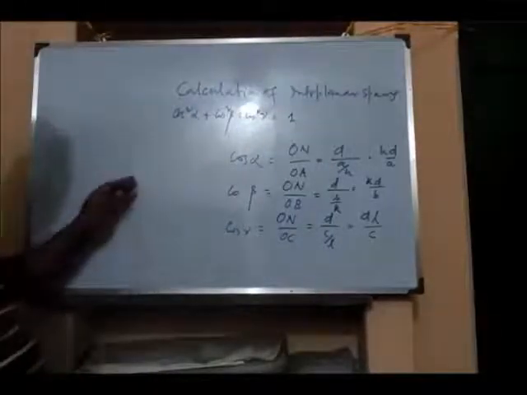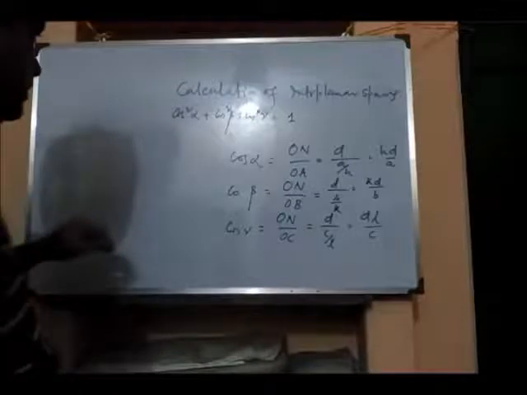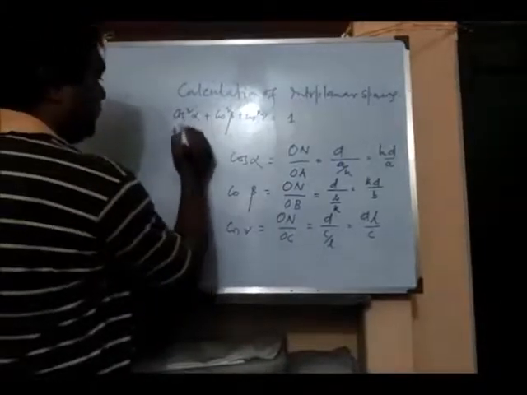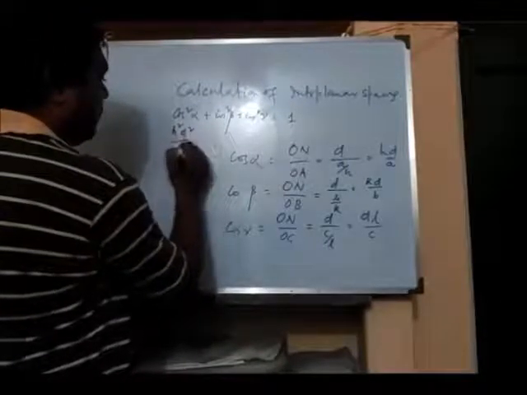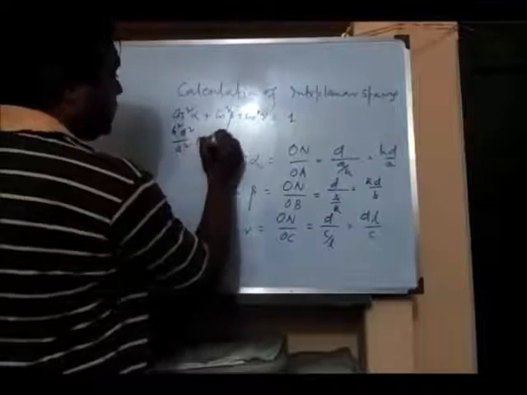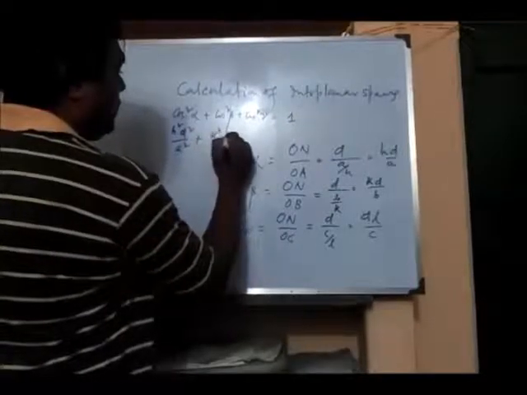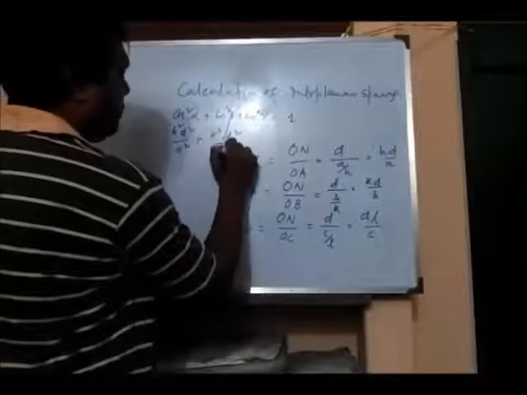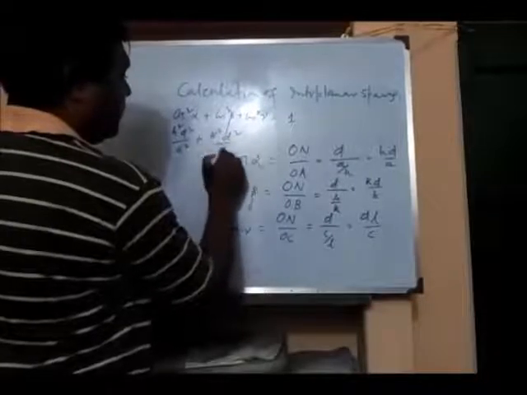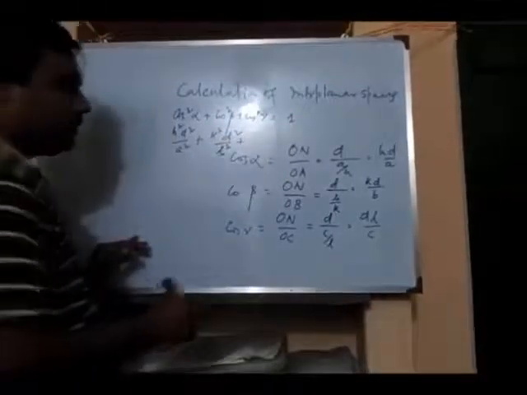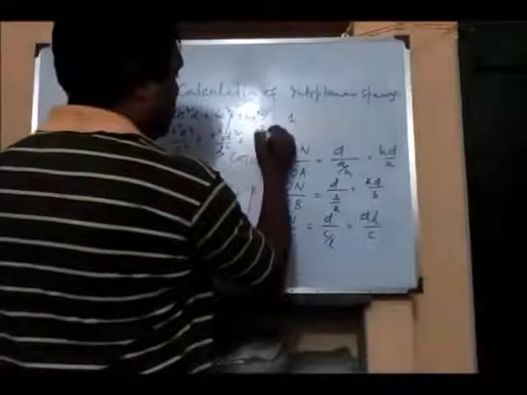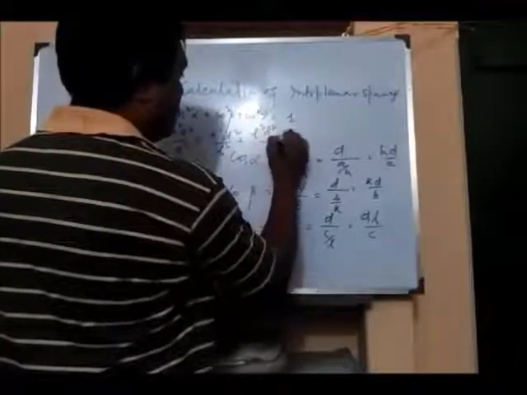So if you put that in, h square d square by a square plus k square d square by b square plus l square d square by c square equals 1.